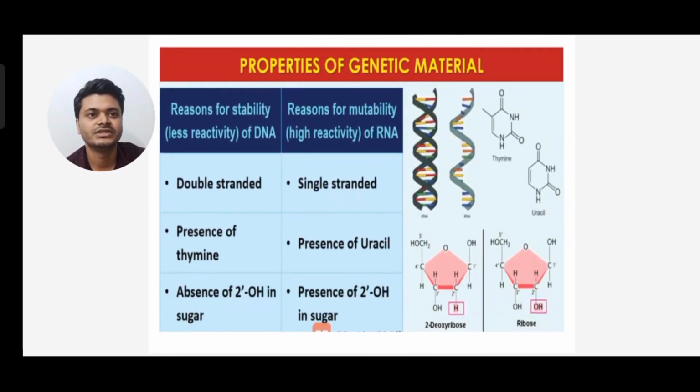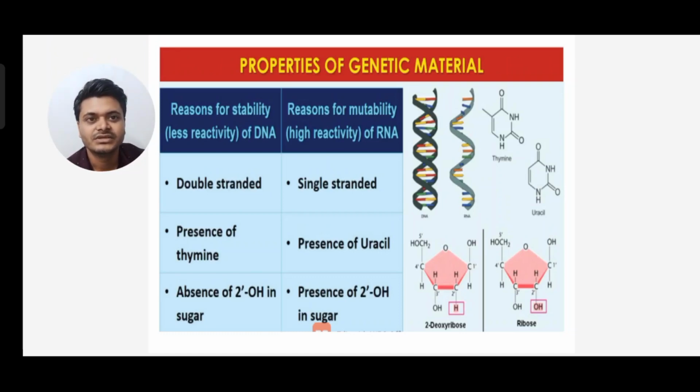Under the properties of genetic material, two columns are given: one is the reason for stability, and the next column is the reason for mutability. The reason for stability is the low reactivity of DNA, and the reason for mutability is the high reactivity of RNA. DNA is double stranded, but RNA is single stranded.